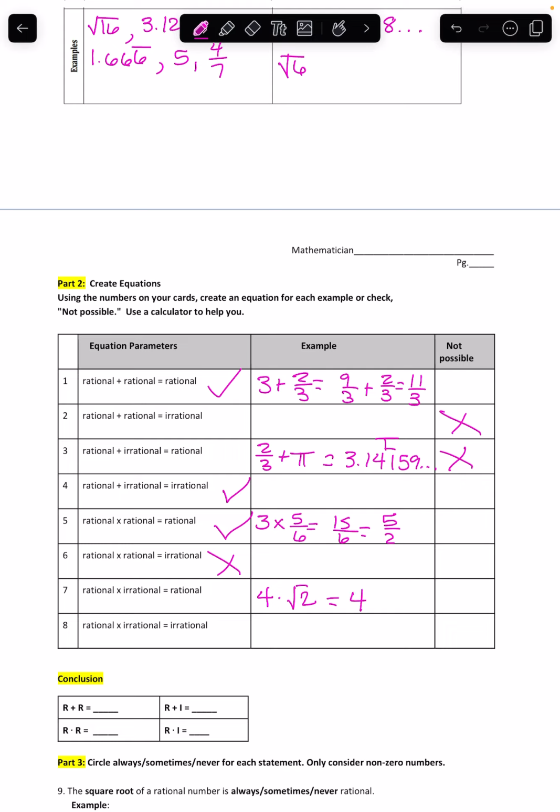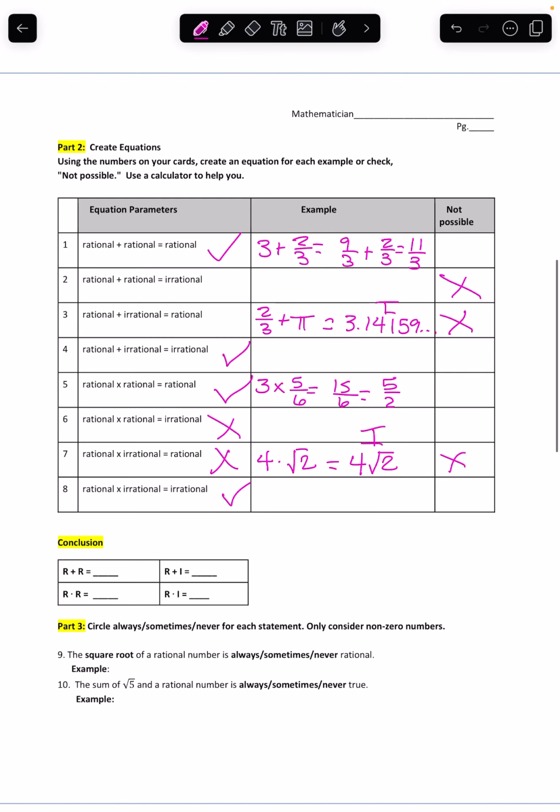That's just going to equal 4 square root 2, so that is not true. And then a rational times an irrational is irrational, which we see right here, so that checks out. The conclusion from what we did: a rational plus a rational equals a rational. A rational plus an irrational number is going to give you an irrational number. A rational times a rational is going to give you a rational number. And a rational times an irrational is going to equal an irrational number.